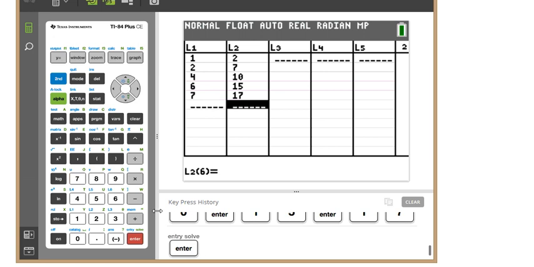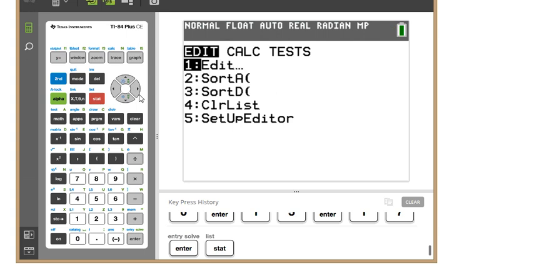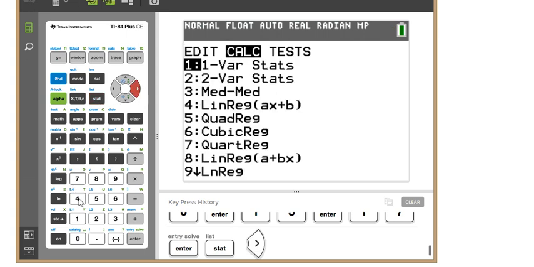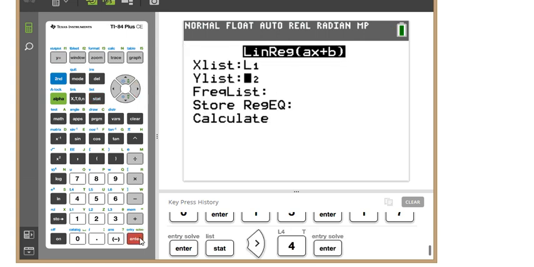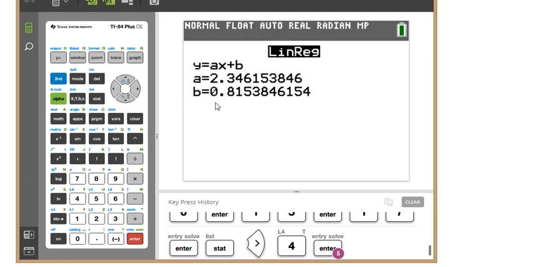And to find the line of best fit, we go to Stat, Calc, 4, and we press Enter until we get an equation. So we're going to get y equals ax plus b. To two decimal places, you would say y equals 2.35x plus 0.82.